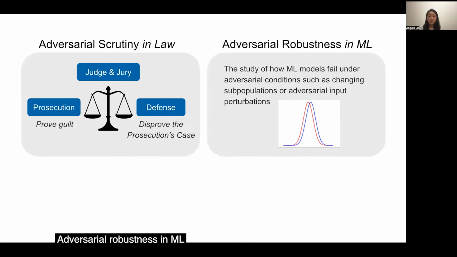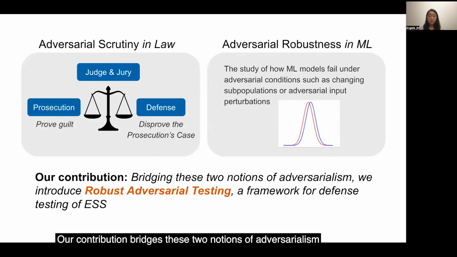Adversarial robustness in ML is the study of how ML models fail under adversarial conditions such as changing subpopulations or adversarial input perturbations. Our contribution bridges these two notions of adversarialism by introducing robust adversarial testing, a framework for defense testing of evidentiary statistical software.